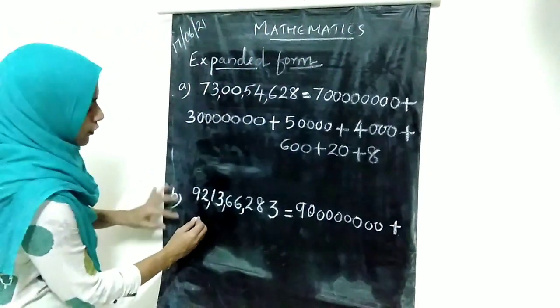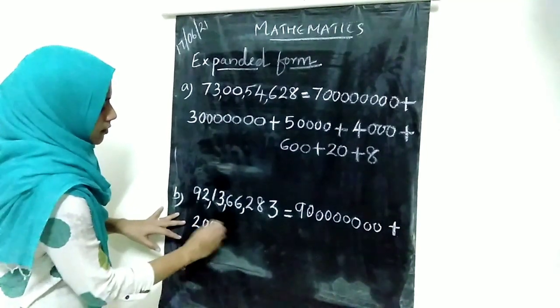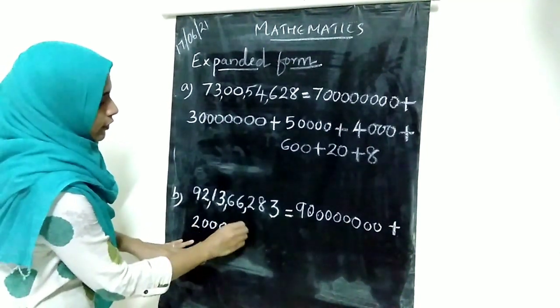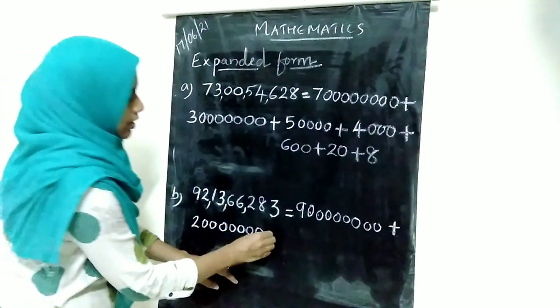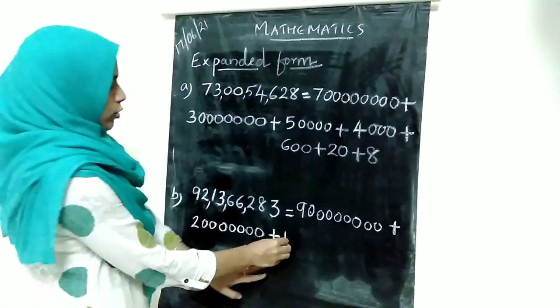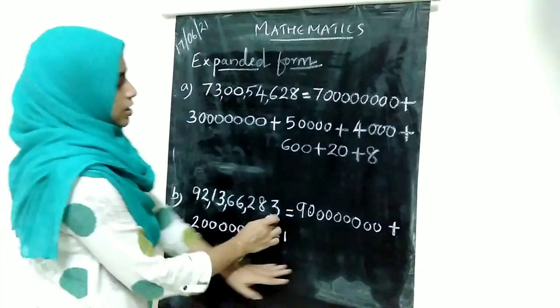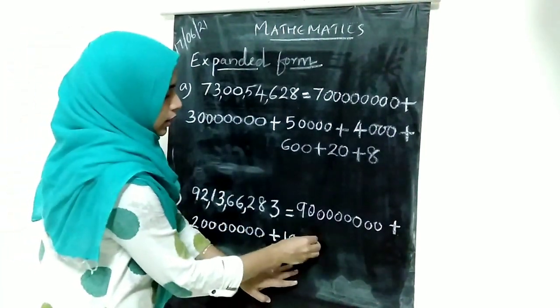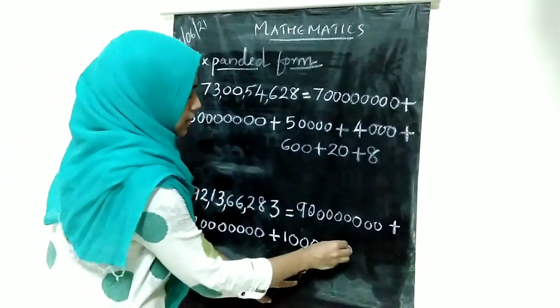Then 2 after 7 zeros: 3, 4, 5, 6, 7. Plus 1. How many zeros? 6 zeros: 1, 2, 3, 4, 5, 6.